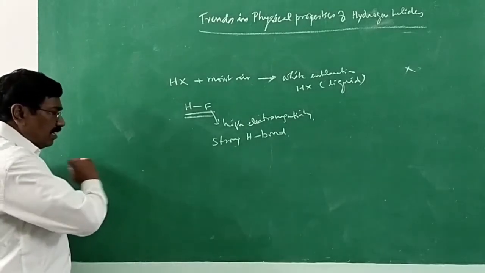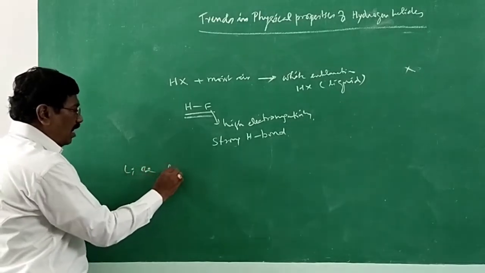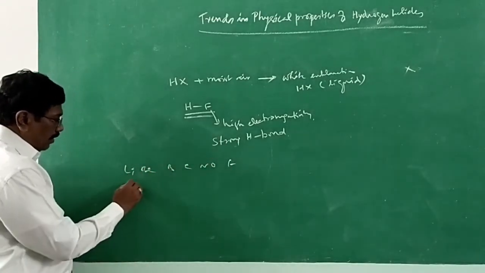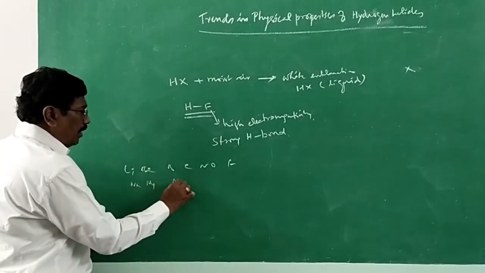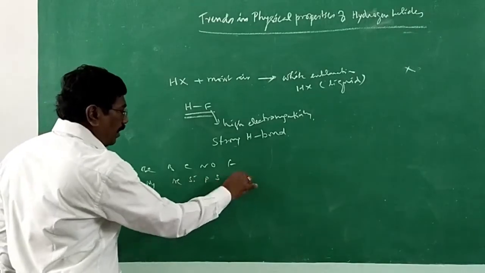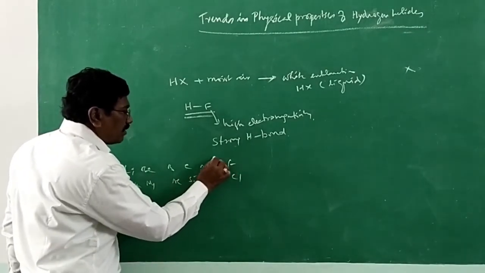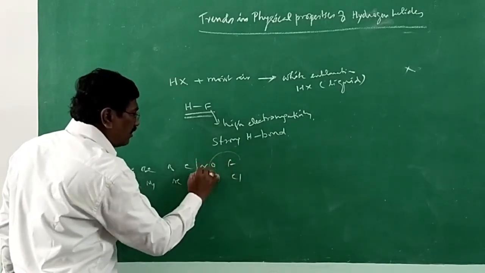If we go in the periodic table, second period: lithium, beryllium, boron, carbon, nitrogen, oxygen, fluorine. And the next one: sodium, magnesium, aluminum, silicon, phosphorus, sulfur, chlorine. The more electronegative elements are these. Oxygen, nitrogen, not even sulfur, nitrogen, oxygen, fluorine.